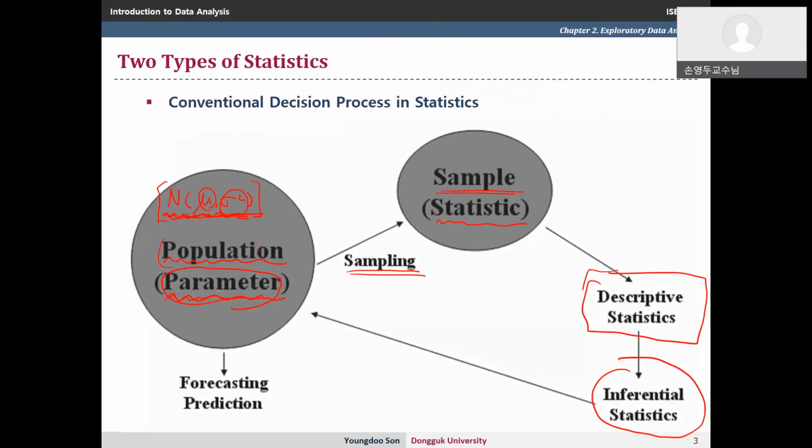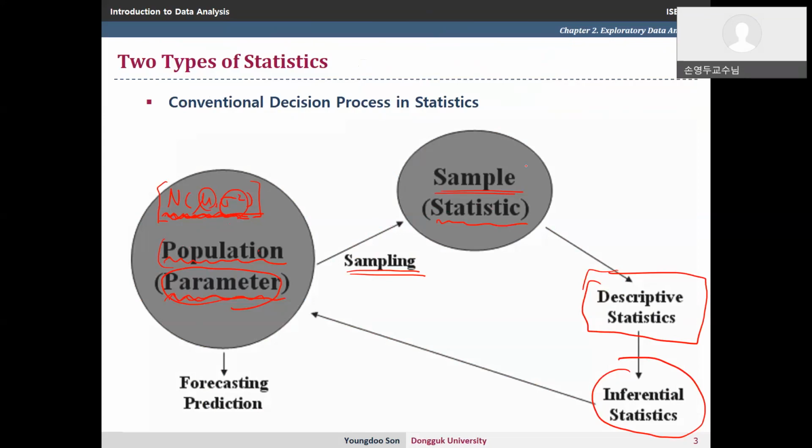So we assume that the objects in population are generated by following some distribution, which is actually defined by some parameters. And the sample is namely sampled from the populations, and we usually calculate some statistics for these samples.